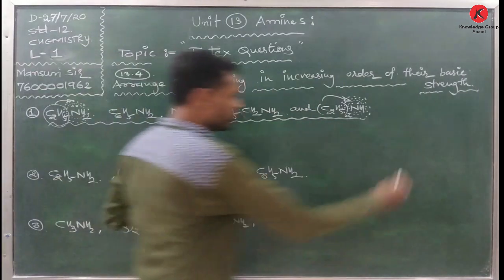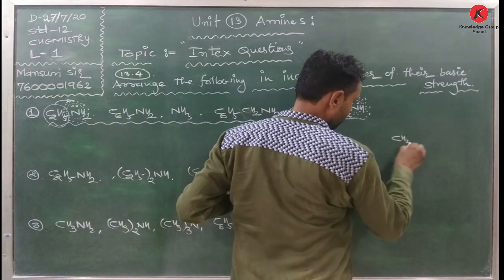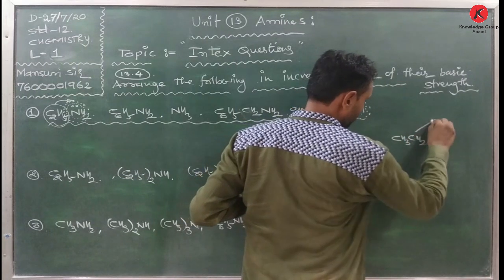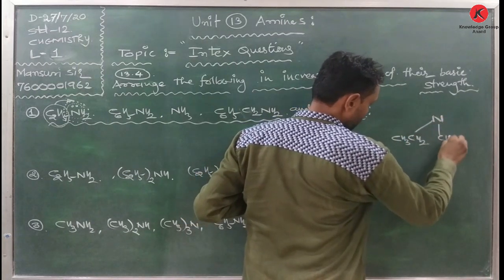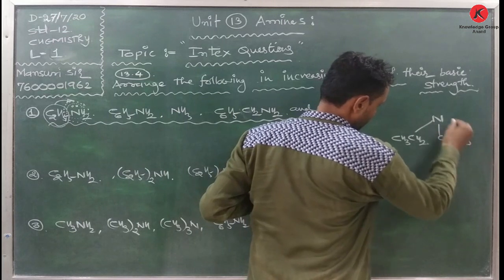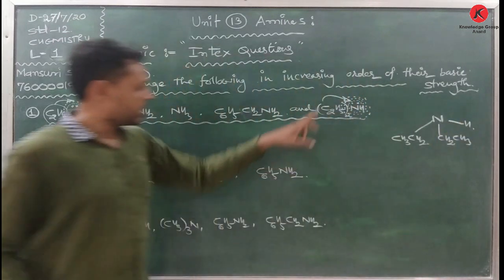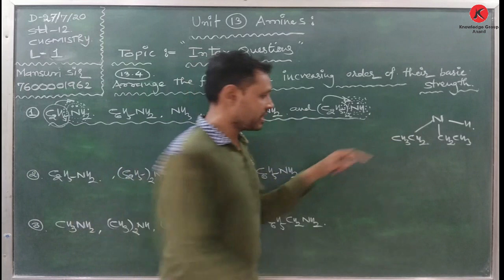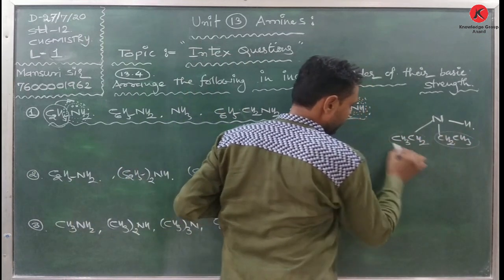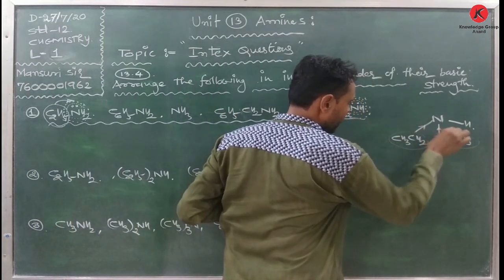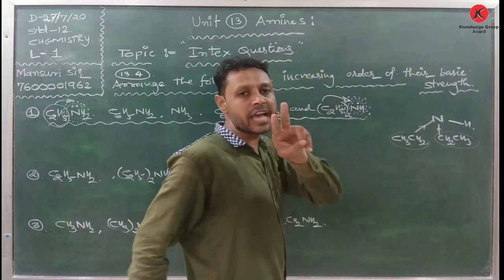Here you can see the structure, CH3CH2. You can see diethyl amine. Now this ethyl and this ethyl, both show plus I effect.